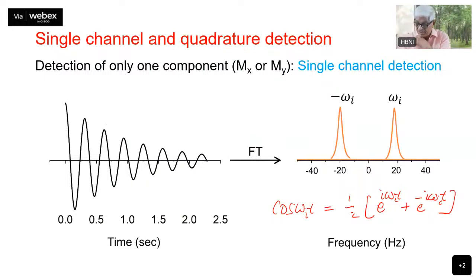When you do Fourier transformation, there are two frequencies here, omega_i and minus omega_i, assuming we have got the pure absorptive phase. This is an artifact actually. Your frequency is only one, but it is a detection process. You are collecting only the cosine signal, the Y component, and therefore the Fourier transformation gives you two frequencies.